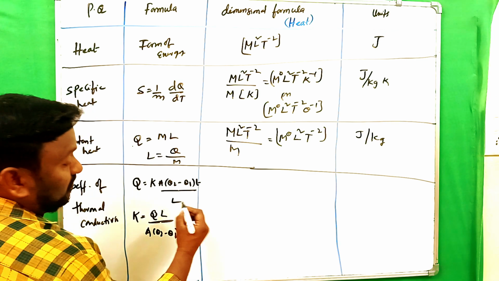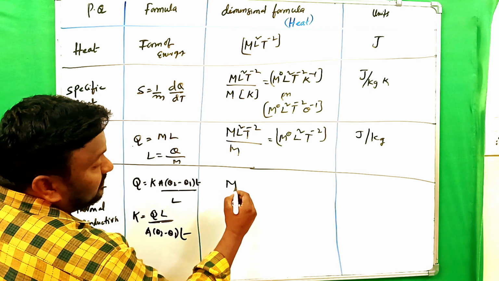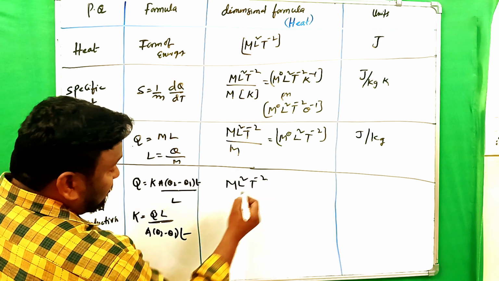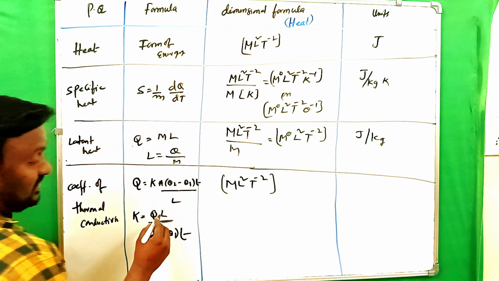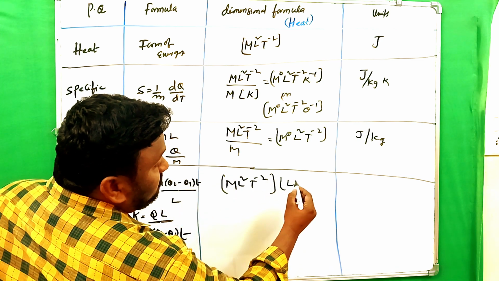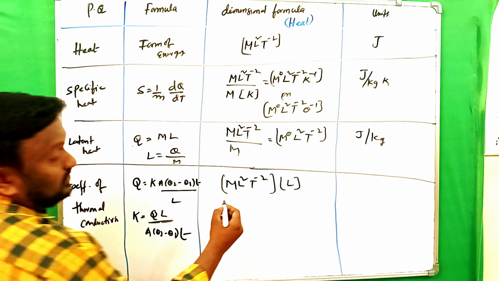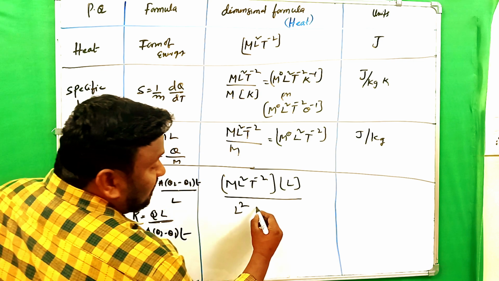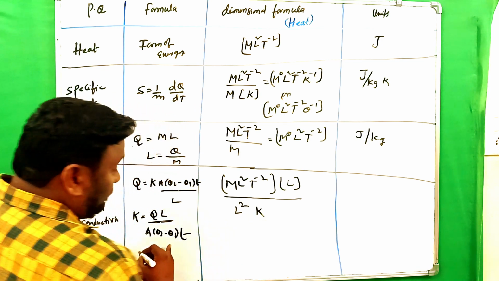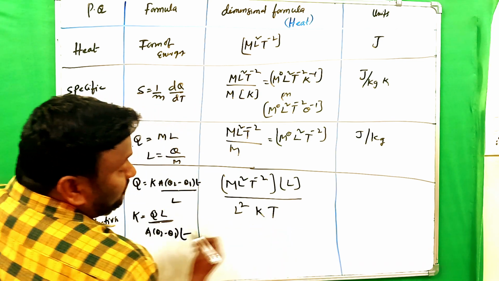Clear? Q is energy, M L square T inverse 2, L is length, by area L square, theta 2 minus theta 1 which is K, and time, capital T.